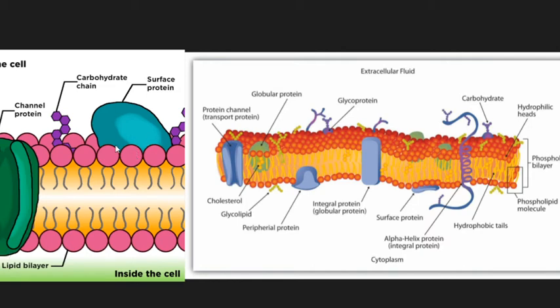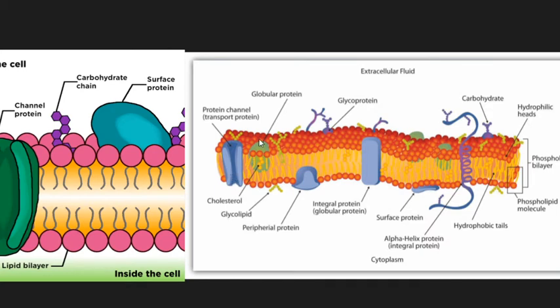And these surface proteins are outside the cell, lying on the surface of the bilayer. With the surface protein, there are certain carbohydrate chains which, you can say, are like flagella. They float in the external fluid.